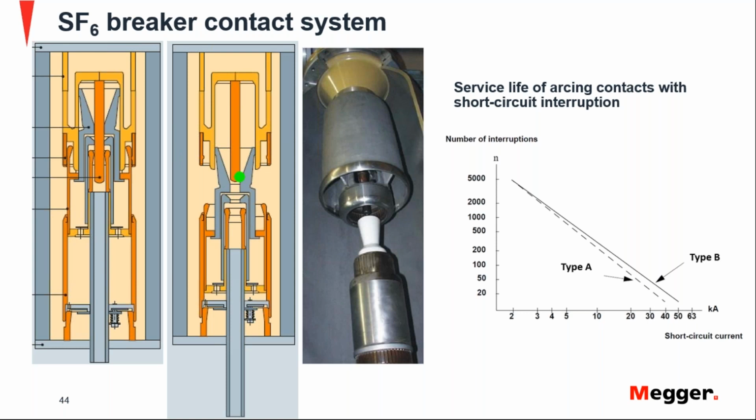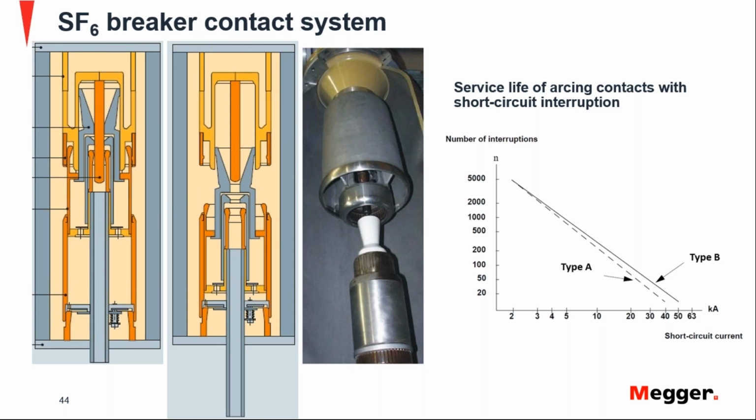So all the current is transferred to the arcing contact. And then the next step of the operation is that the arcing contact opens, and now all the arc is going to happen here. So in the end, these two arcing contacts, the fixed and the moving arcing contact, will deteriorate, will erode with time.